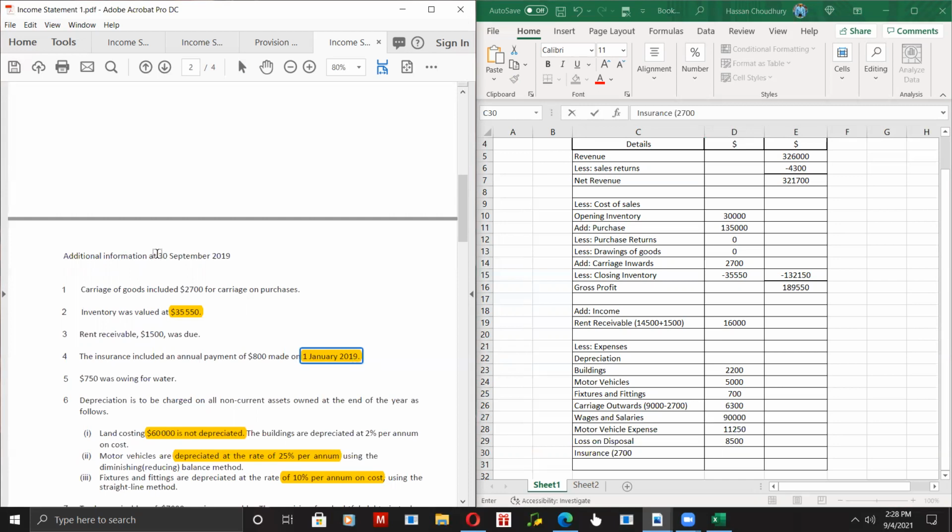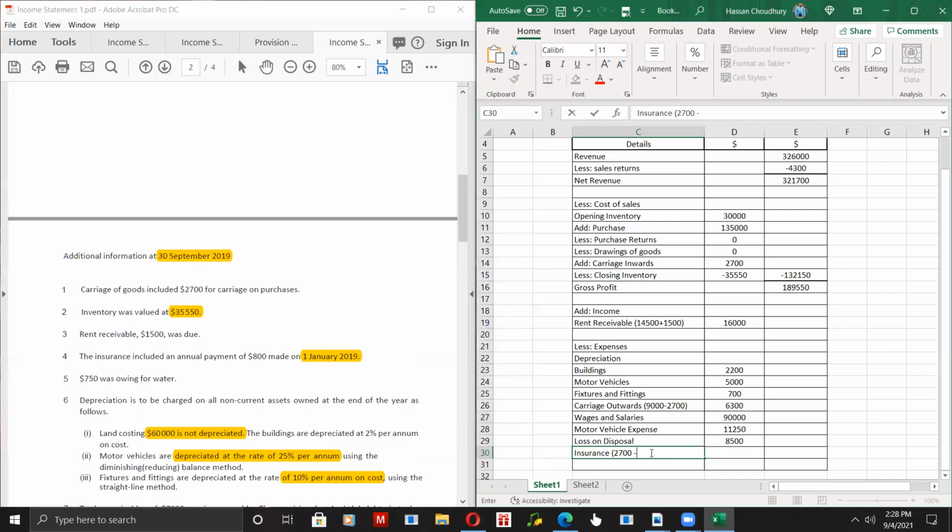Now, our year ends on 30th September 2019. So October, November, December are extra. Anything we pay in advance is prepaid. So we paid for 3 extra months.